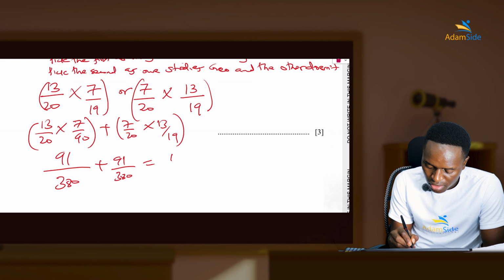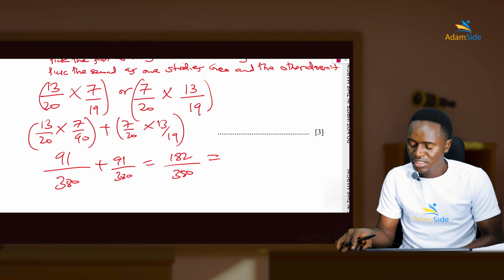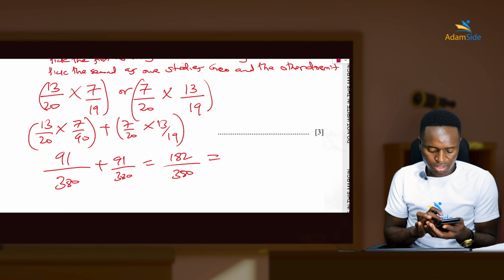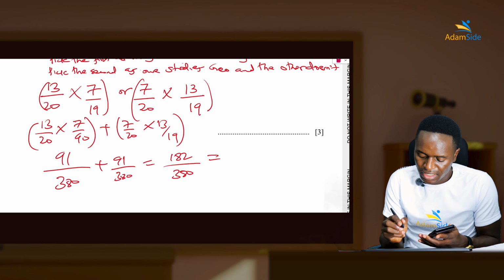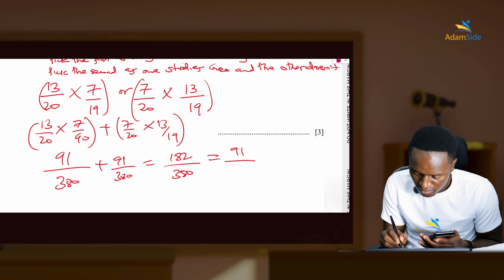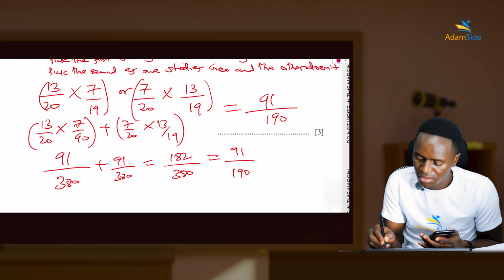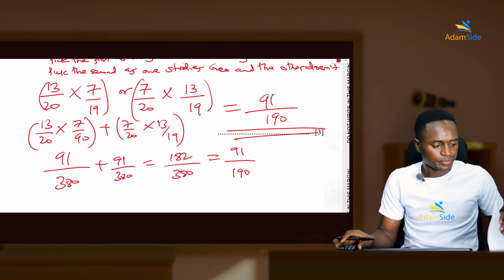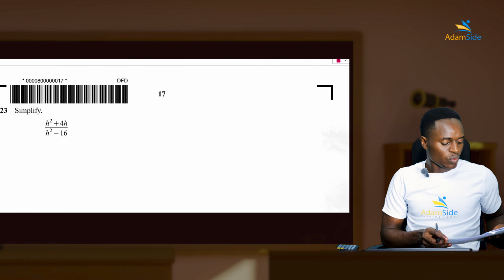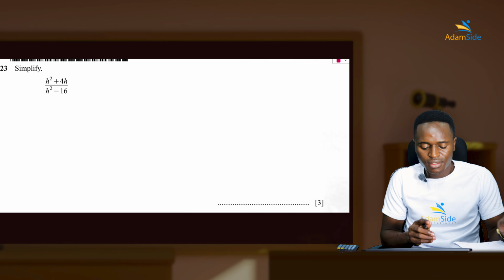What do you get? You get 182 out of 380, which is 182 divided by 380. 91 out of 190. Correct. That's equivalent. Question number 23.